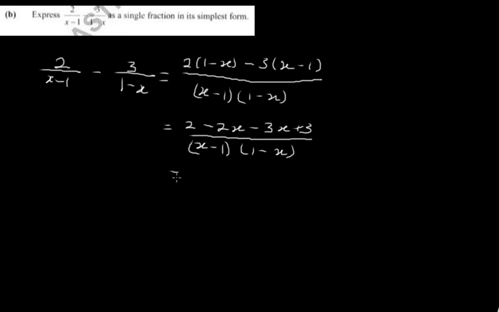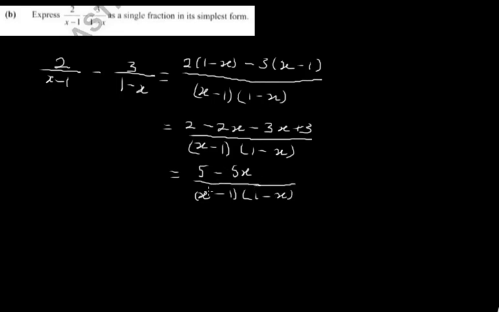And then this would give us 2 minus 3 gives us minus 1 minus 3x. Sorry, I made a mistake. 2 plus 3 gives us 5 minus 2x minus 3x gives us minus 5x. This is all over x minus 1 multiplied by 1 minus x, right?